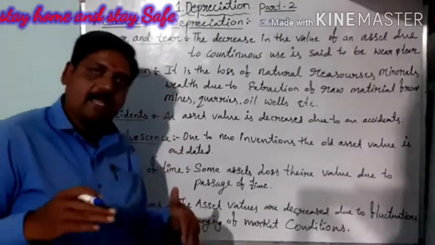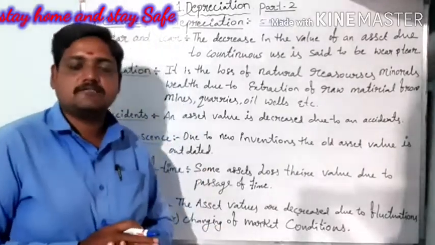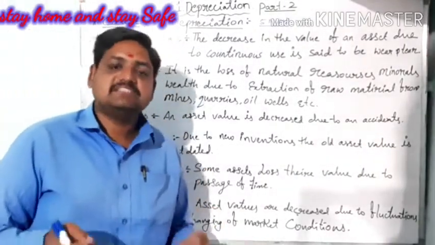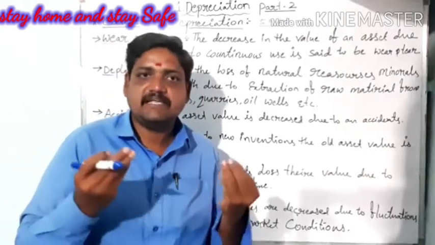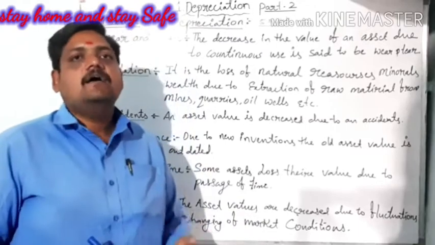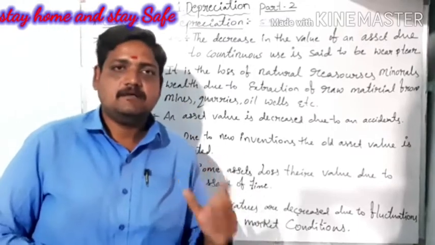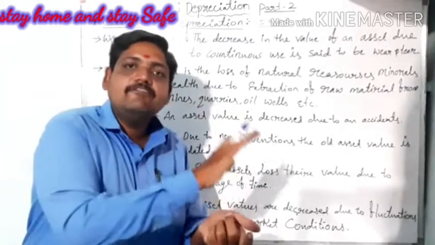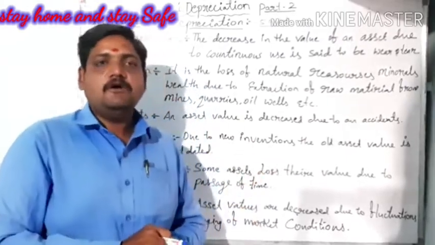Otherwise, I am going to give one more example also. In the olden days, some persons who had funds or money used telephones. Okay, after the existence of mobile phones, the telephone decreased in value.